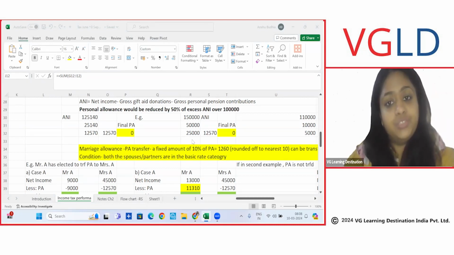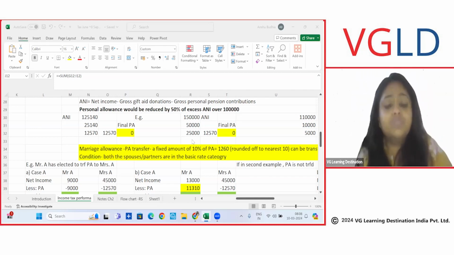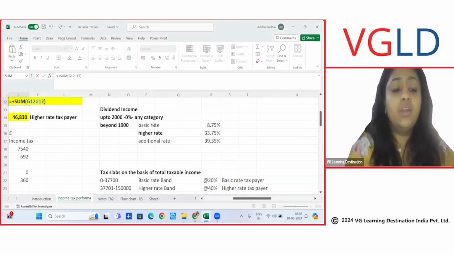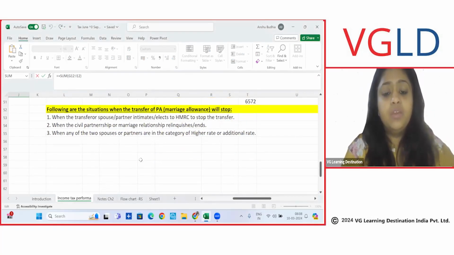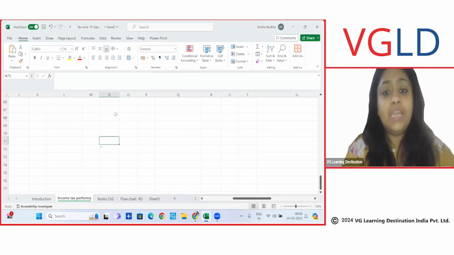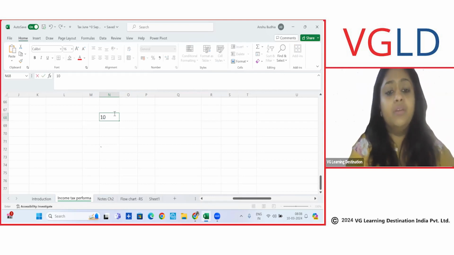First term, gifted donations. Individuals can contribute donations to different charities. We are gifting them because we don't charge in return. So when we give donations to charities, in the UK, what happens? Suppose an individual wants to contribute 100 towards the charity. If I have to pay charity A, I will not pay 100.